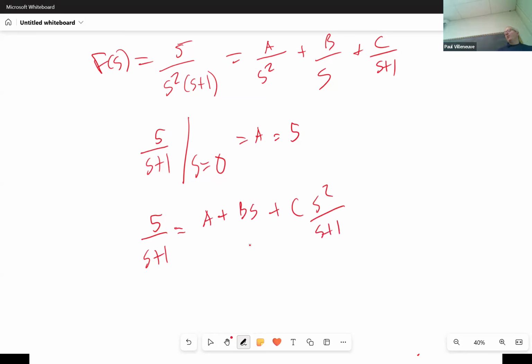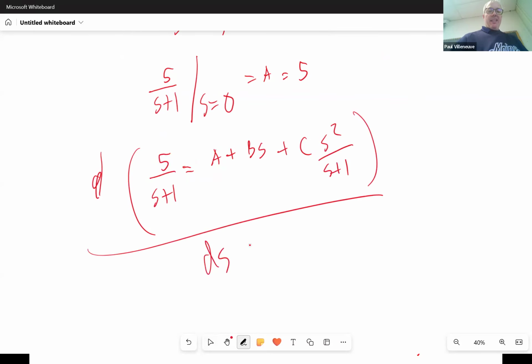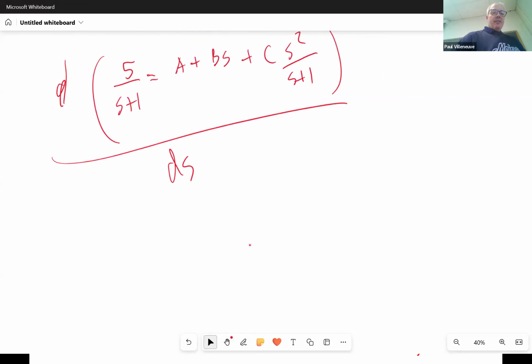And I'm just showing it out like I just multiplied both sides. Now, I'm going to take the derivative with respect to s. Take the derivative of 5 over s plus 1 with respect to s. That goes to 0, right?